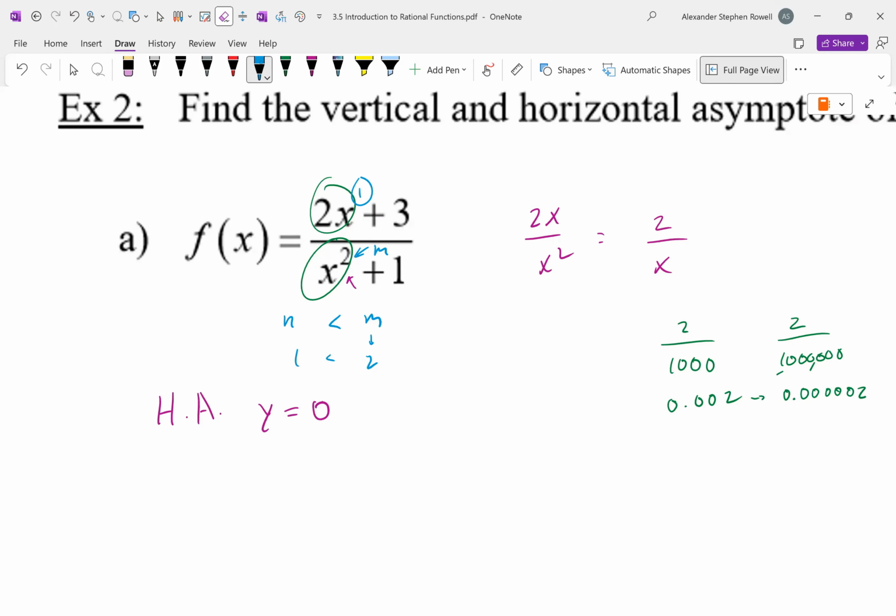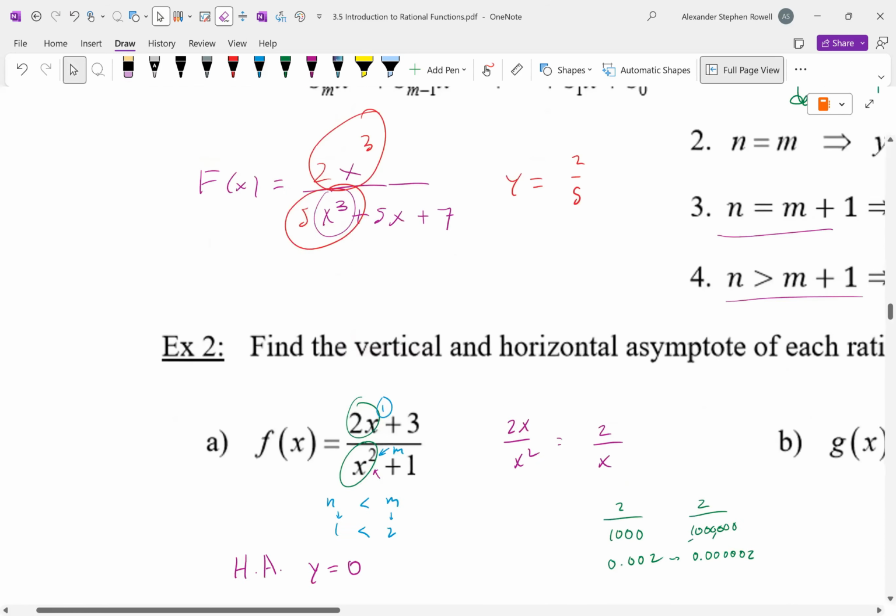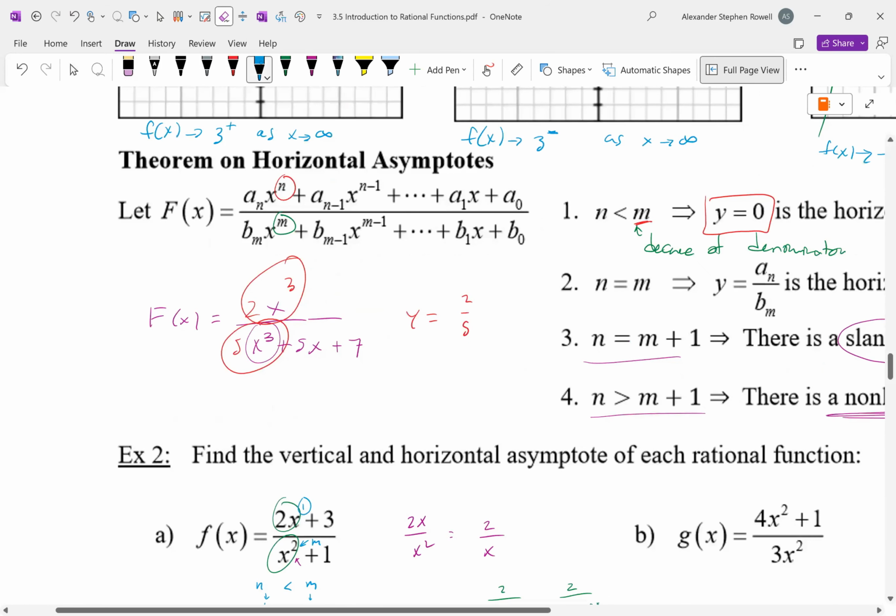The degree of the denominator is larger than the degree of the numerator. That means the denominator will get larger much faster for large numbers. Therefore, my number must go to 0. So you can just memorize that the degree of the bottom is larger, then my horizontal asymptote at y equals 0. Okay, so that's what number 1 is saying.